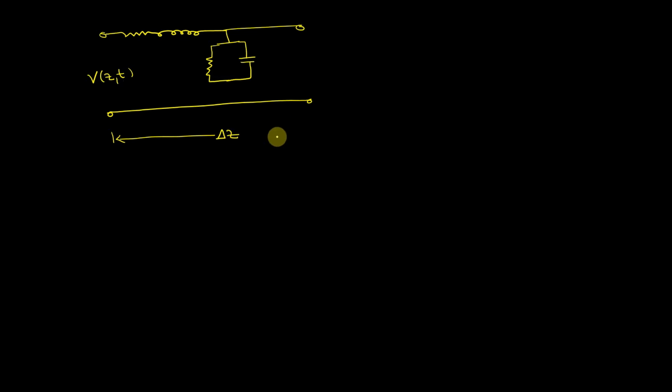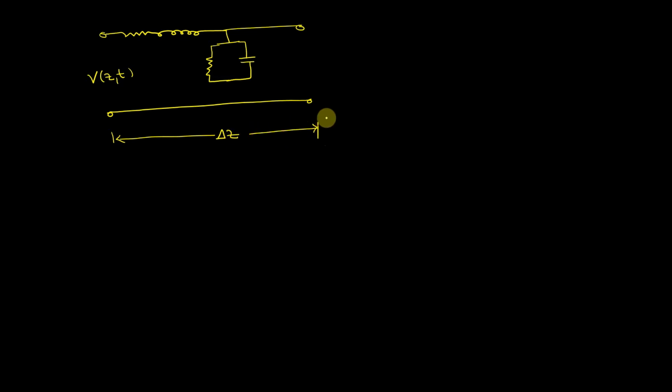For that small length we are drawing this circuit like this, and this is the source. The voltage at the source has two variables, V(z,t), where the space variation is given by z, and the small length is delta z.